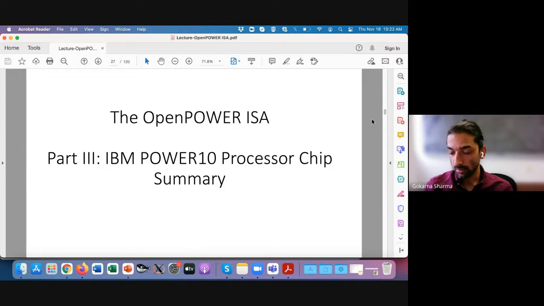So this initiative of OpenPOWER started with some companies, and then IBM and everything, and then there is another set of researchers, and then the group, and RISC-V is almost a parallel kind of initiative that is going on.